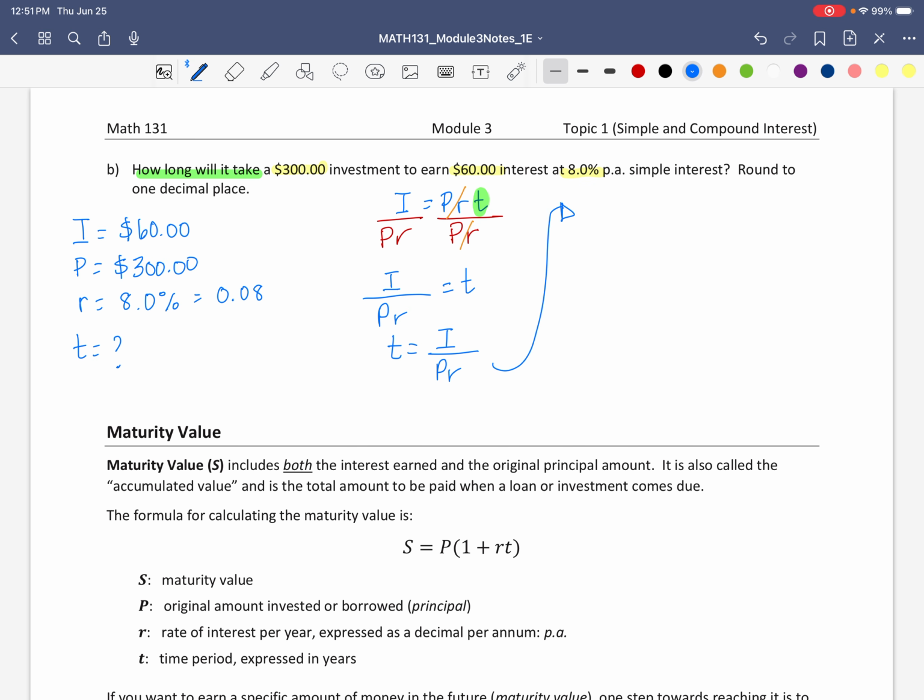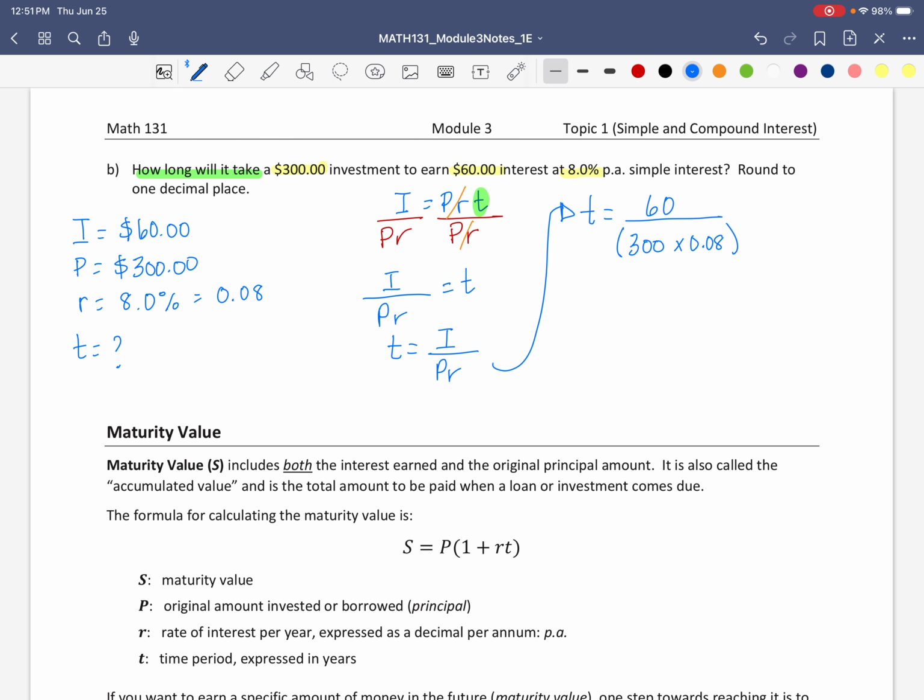So let's do our substitution here. T is going to be equal to I, which for this question is 60. And then we have our principal, P, which is 300. And then it's times our rate. When we put this into the calculator, be mindful.